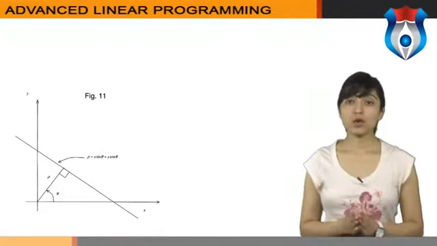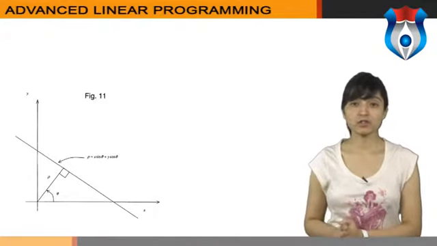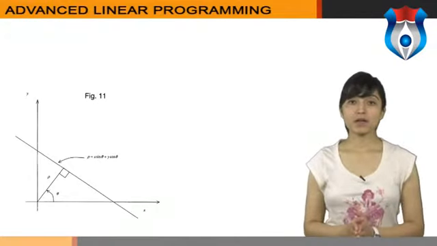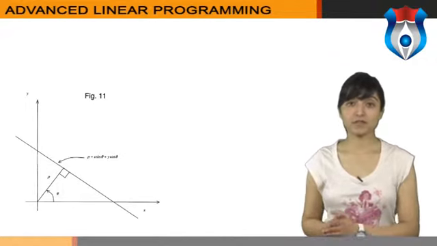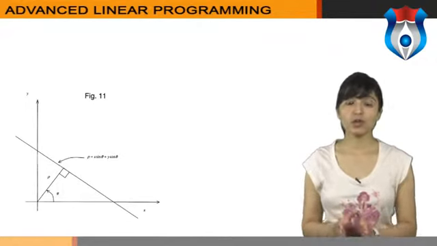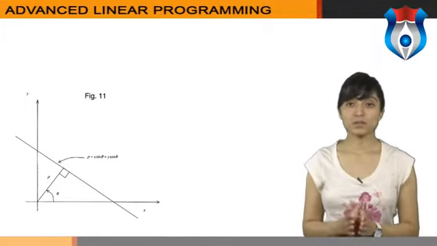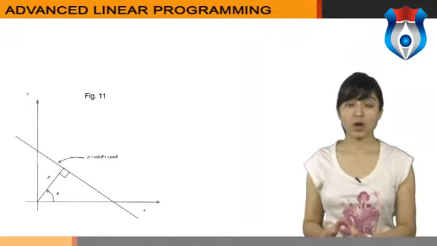Thus, para-OBJ parameterizes the objective function, para-RHS parameterizes the right-hand side values, para-col parameterizes one or more elements in a specified column, and para-row parameterizes one or more elements in a given row.